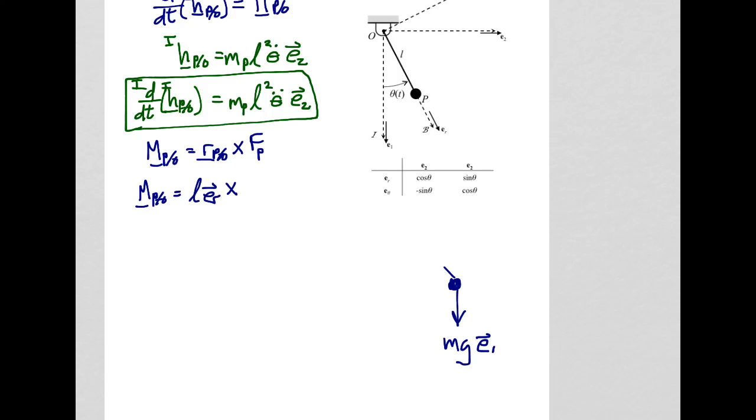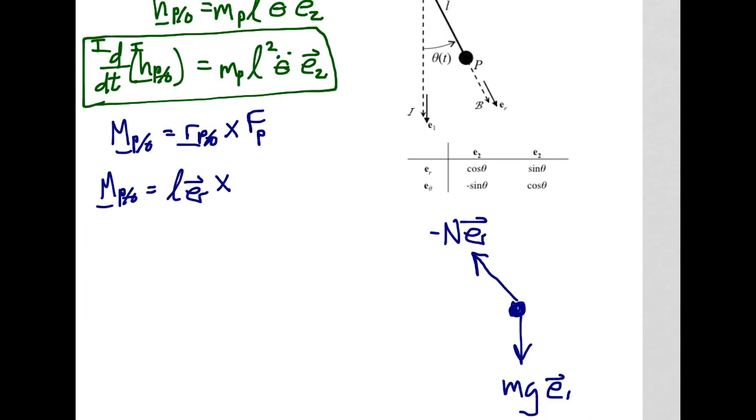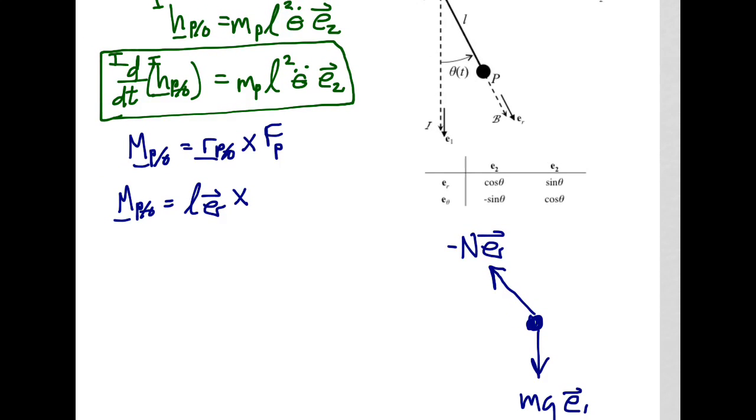Then we add a normal force, which is pulling on the mass, so this is a minus in the ER direction, pointed back toward O, from point P to point O. Let's finish our expression for the moment: L in the ER direction crossed with all these forces, negative N in the ER direction plus mg in the E1 direction.